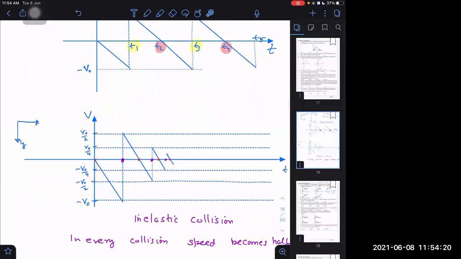Upside will become down and downside will become up. Then this slope will become positive, because in that case acceleration equal to g will be taken as positive.